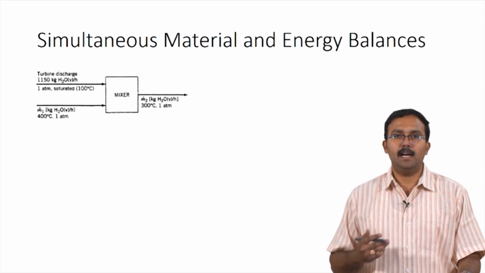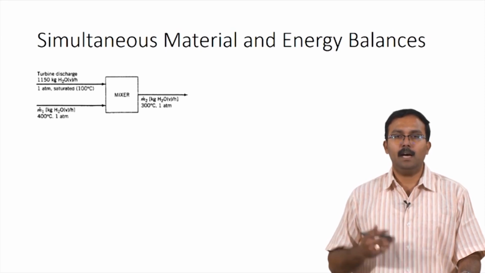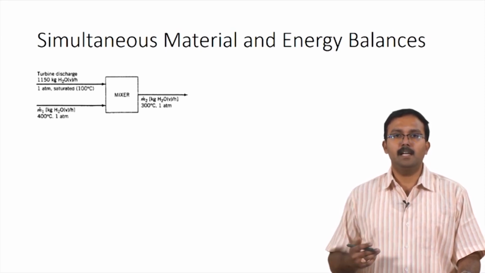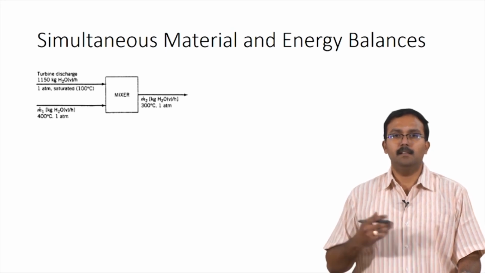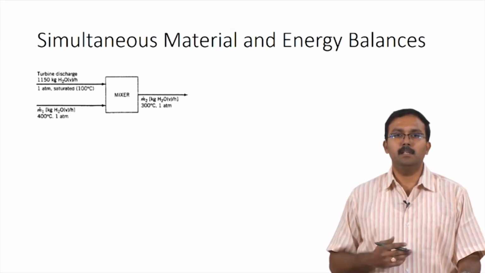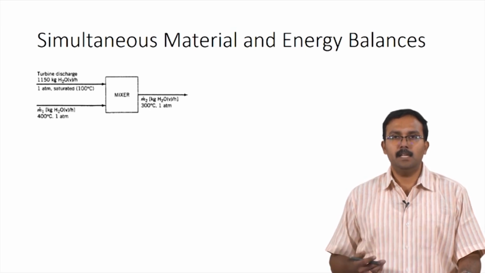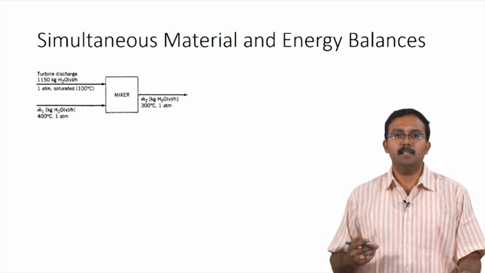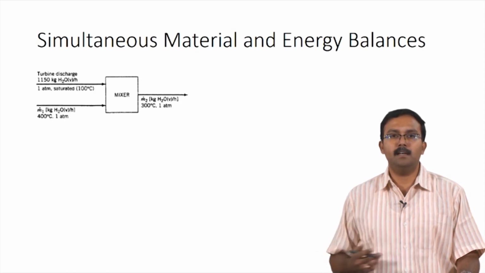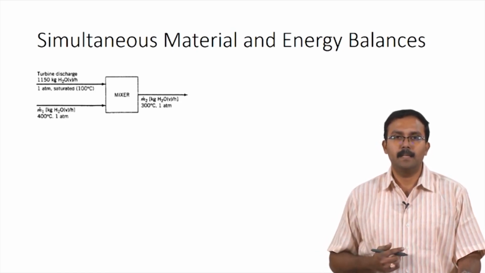The conditions for that are given. You also have a 400 degrees Celsius superheated steam being sent to the mixer, and the final outlet stream is the mixed steam containing both these streams, and this is a superheated steam at 300 degrees Celsius and 1 atmosphere.